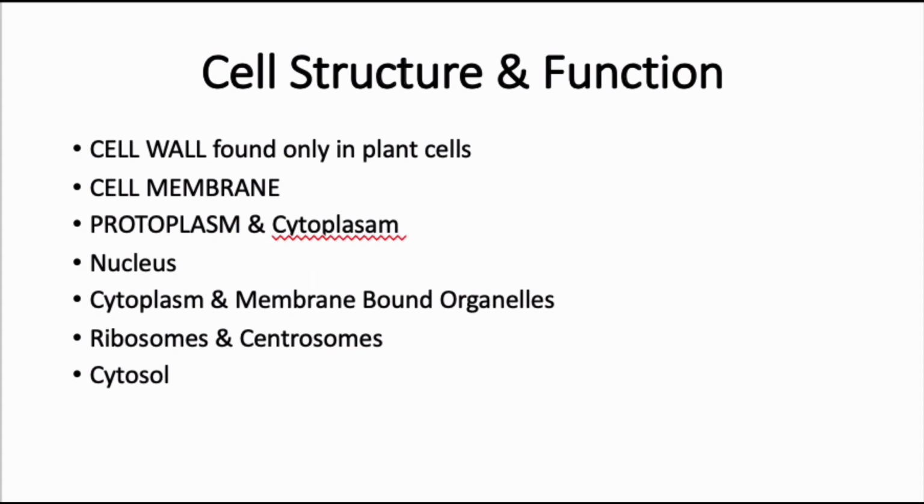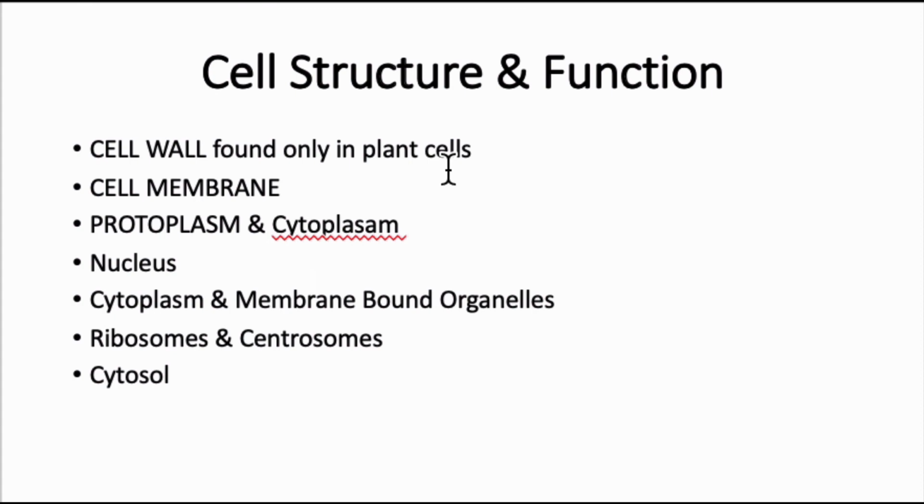Now, one thing that I will say is that the cell has this non-living outer layer that we call the cell wall, and we only find this in plant cells. Below that cell wall is the cell membrane. The cell membrane encloses the protoplasm, and the protoplasm has a semi-fluid matrix that we call the cytoplasm, and we have a large membrane-bound structure that we call the nucleus.